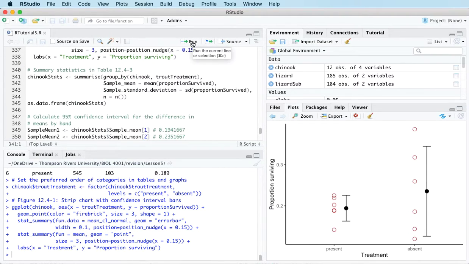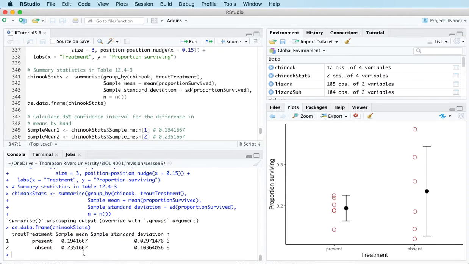I can also summarize the data. The sample mean in the brook trout present group is 0.194, and the sample mean in the absent group is 0.235. So we're thinking that the presence of the brook trout is having an adverse impact on the proportion of Chinook salmon surviving in these streams.